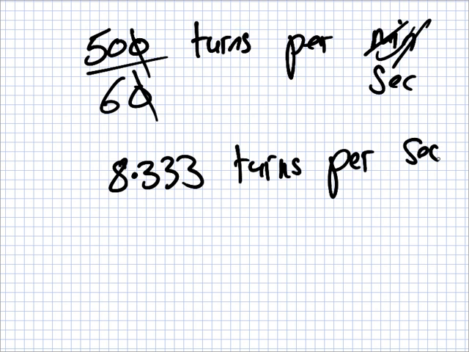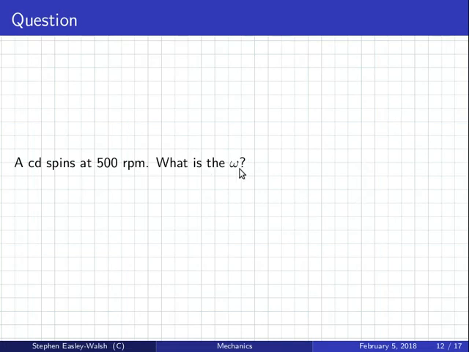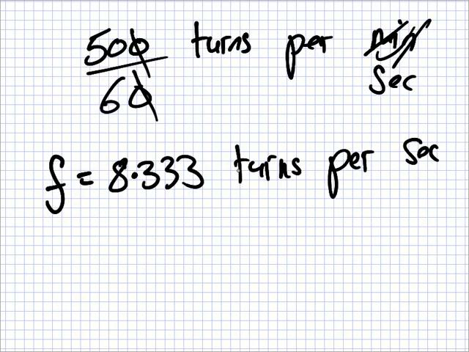A, omega, V, T, F. What letter is this? 8 turns per second. F. Yeah, because you're saying in 1 second it turns 8 times. Okay? So, what was I looking for? I was looking for the omega. Which formula can I use to get the omega?